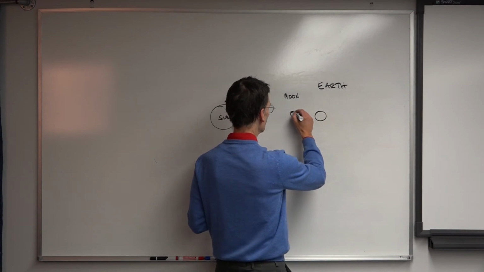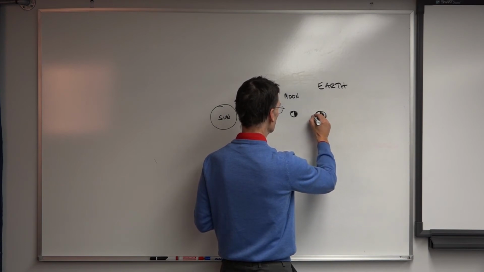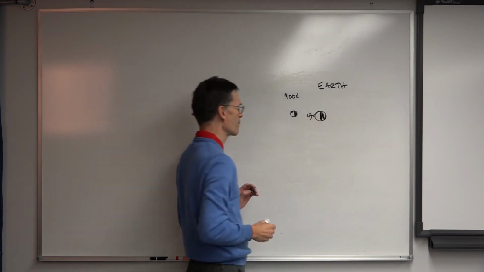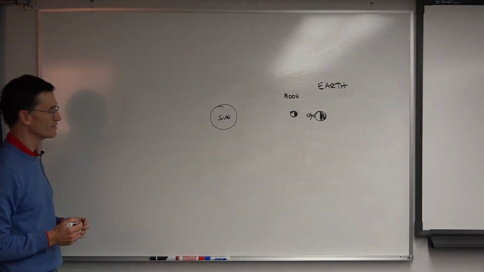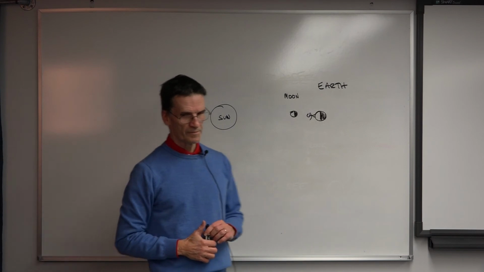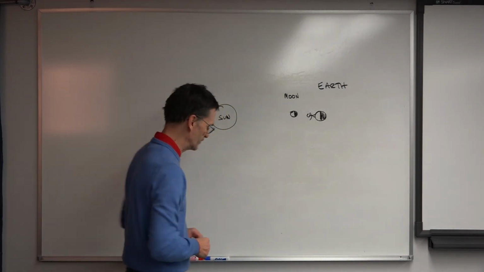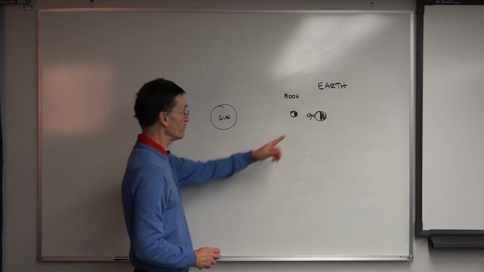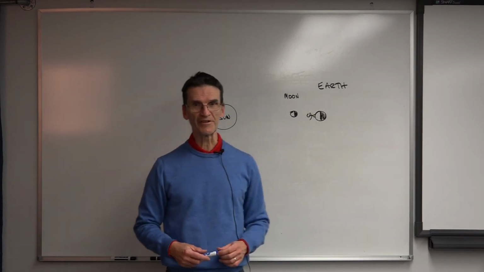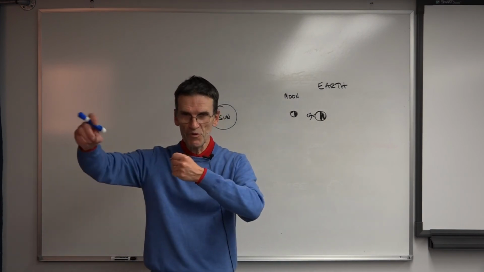Again, there's a dark side and a light side, and now we're standing here. So if we just capture that moment and we look up, now it should normally be daytime because we're facing the sun. But sometimes the moon can get in the way. I mean, it's moving around.